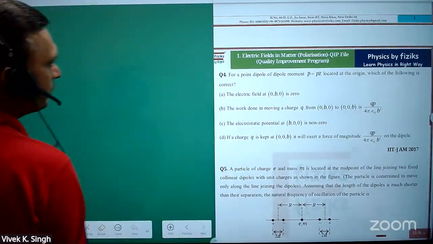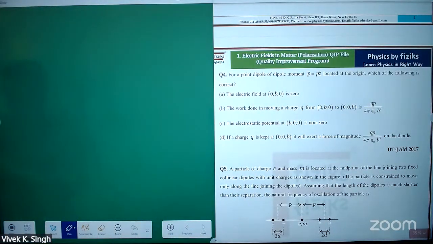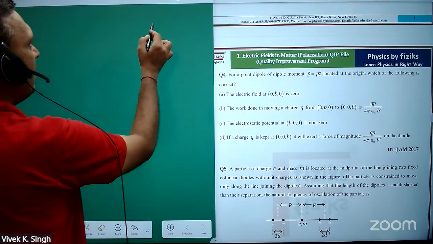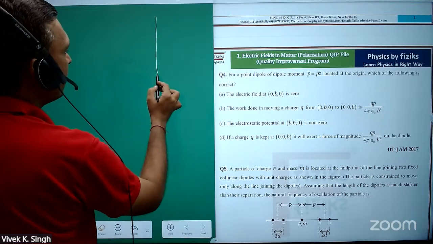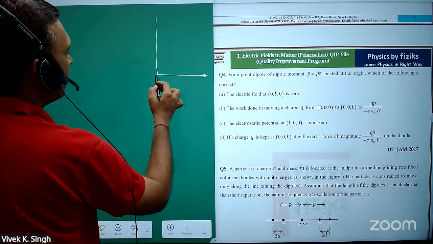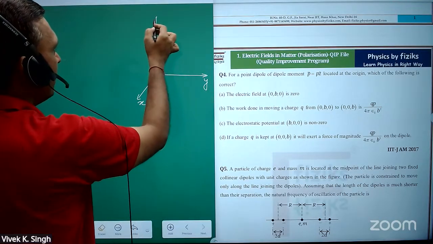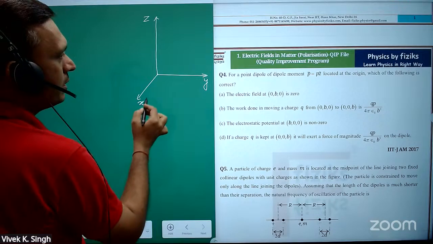Question number 4. Again, I'm taking the same symmetry: this is X, this is Y, and this will be Z direction.